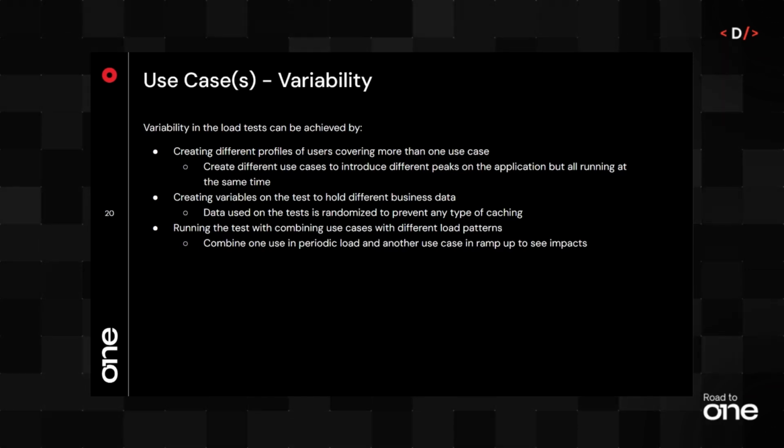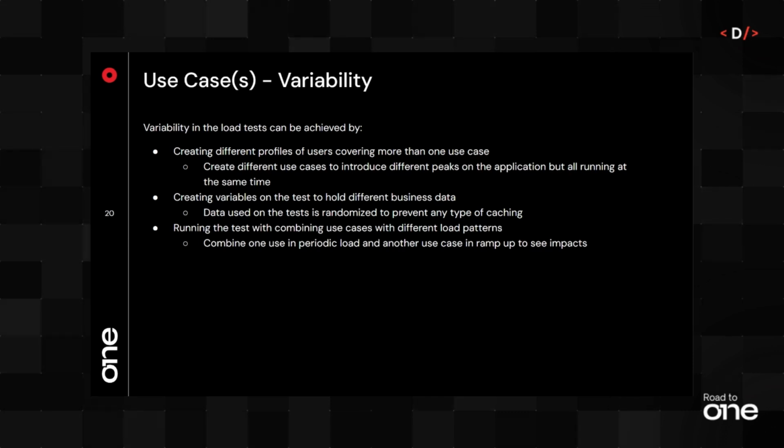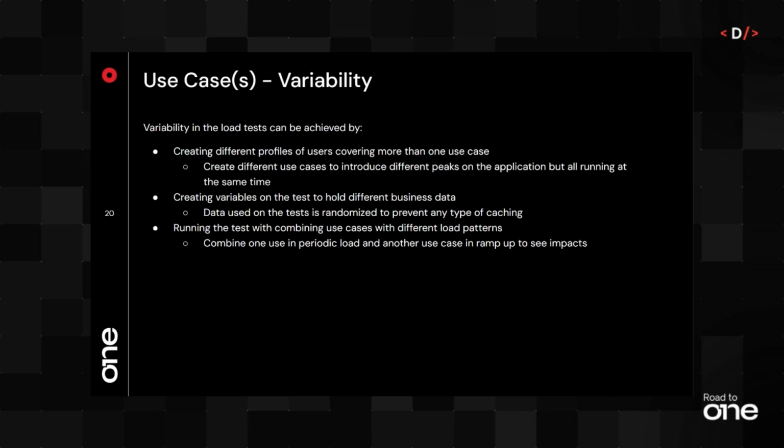Here, if it makes sense for the use case being tested, we can also create more profiles, meaning different kinds of users with different roles that will follow the same use case. These can mix things a little bit if we have different kinds of profiles using the application.